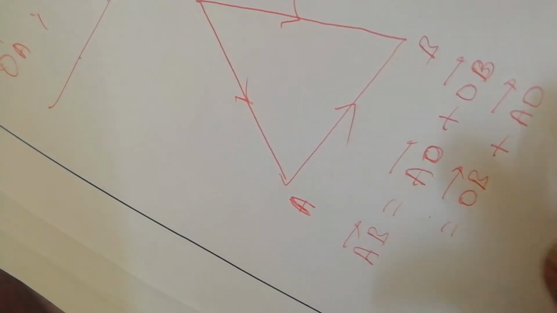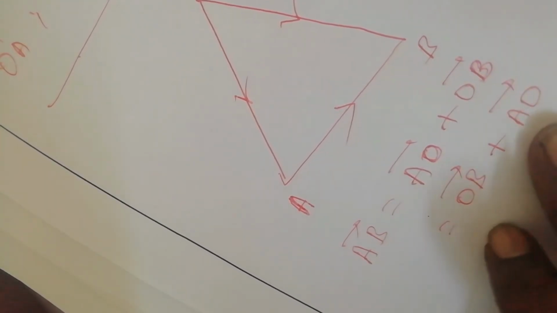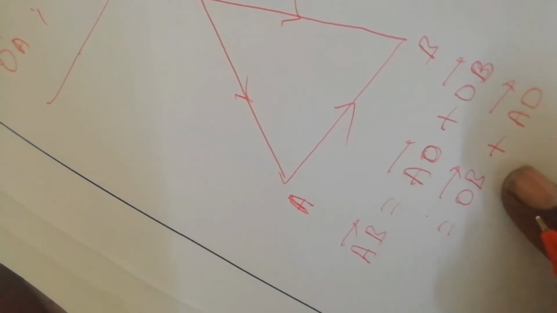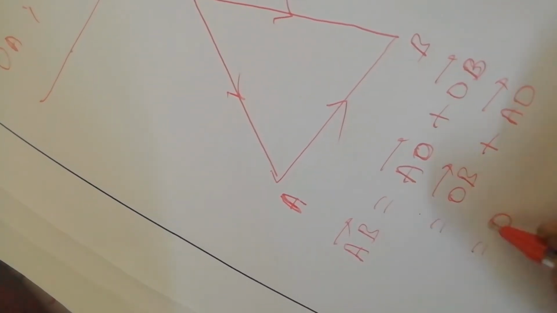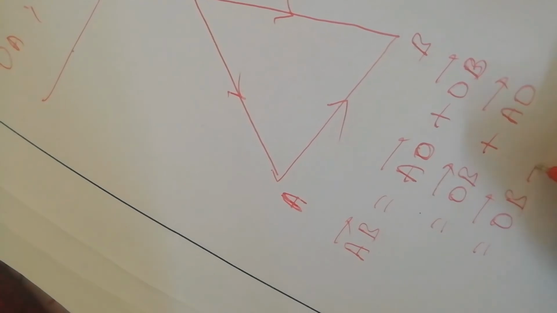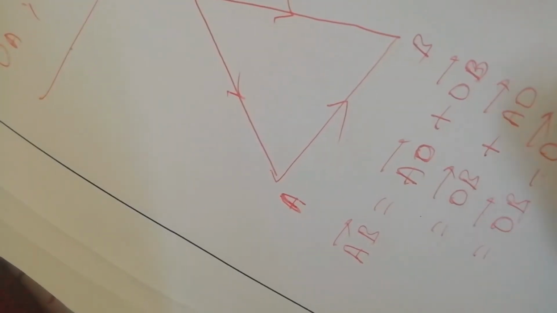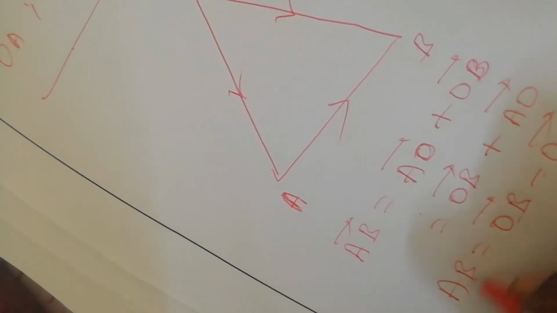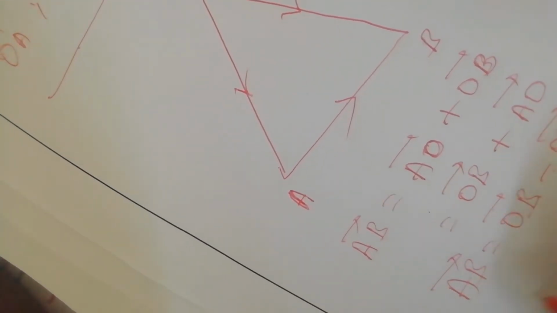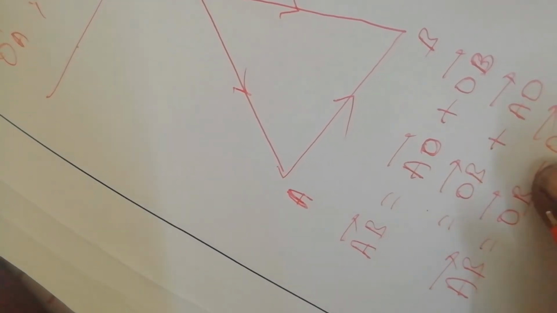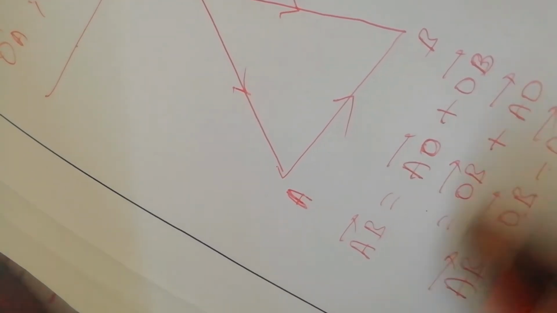If you change AO to OA, it is the opposite direction, so a minus will come. So OB vector minus OA vector. This is the law of position vectors: AB vector is equal to OB vector minus OA vector.